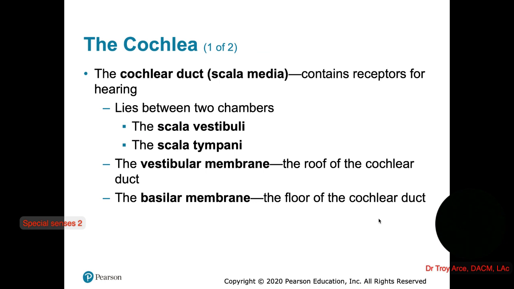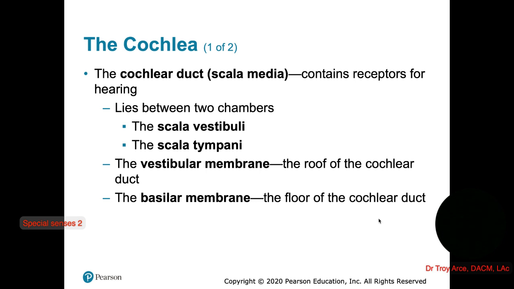The cochlear duct, the scala media, contains receptors for hearing, and it lies between two chambers, the scala vestibuli and the scala tympani. The vestibular membrane is the roof of the cochlear duct, and the basilar membrane is the floor of the cochlear duct.